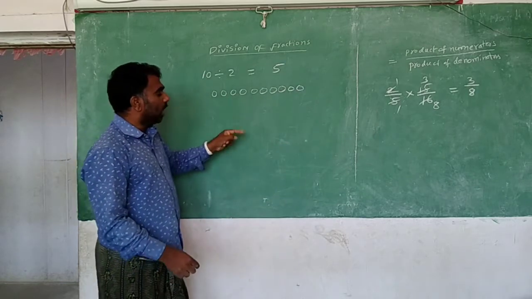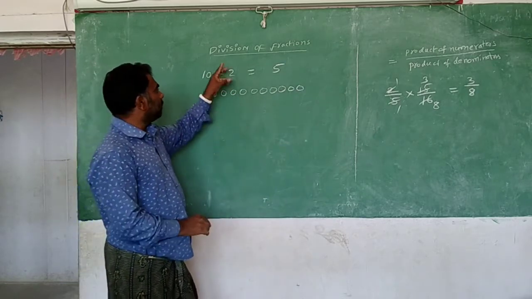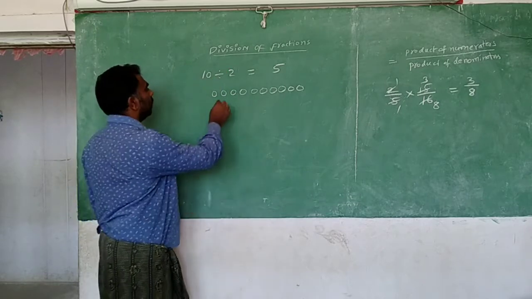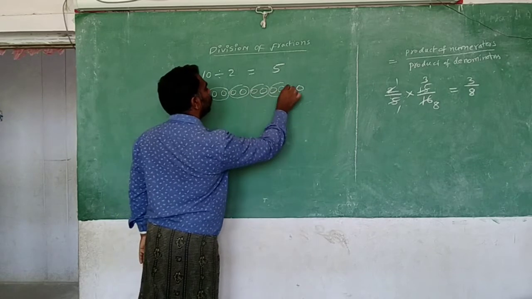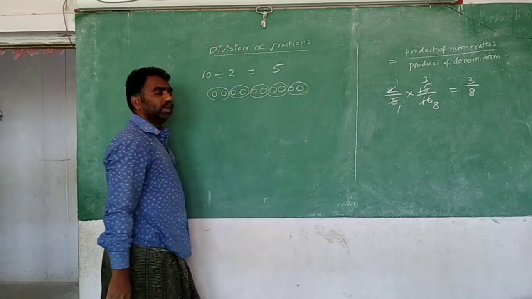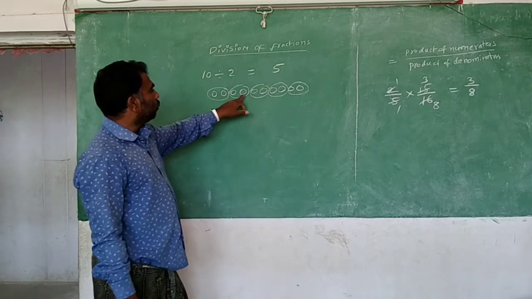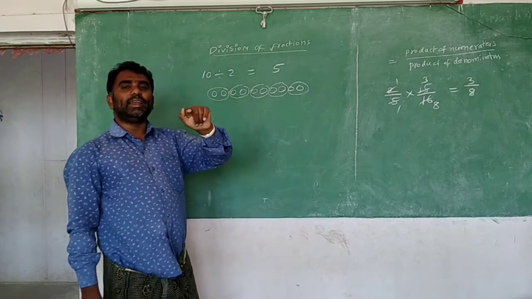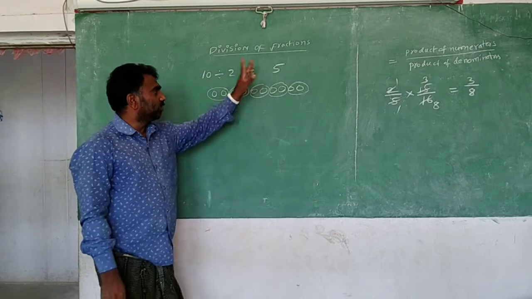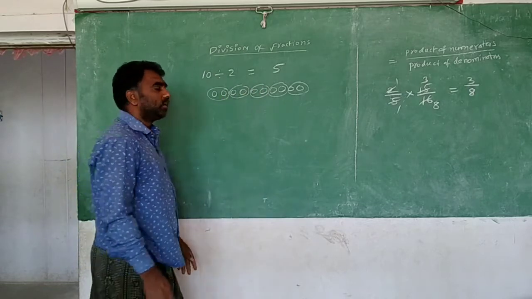That is the meaning of division. You see, in 10, 1, 2, 3, 4, 5, there are five 2's. That's why the answer is 5.